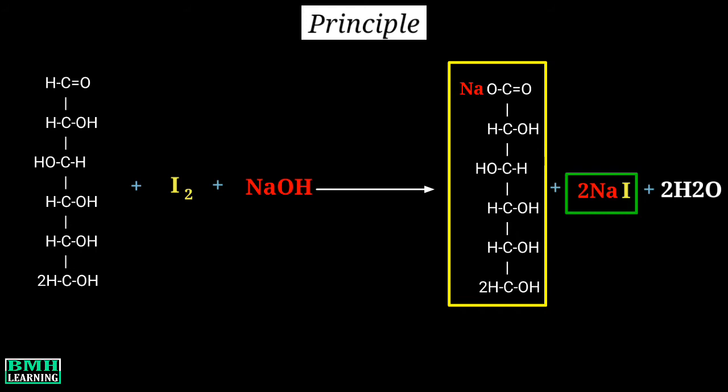And the remaining unreacted iodine is titrated against standard sodium thiosulfate solution in the presence of starch, which acts as an indicator. This reaction is quantitative in basic environment because the carboxylic group is acidic in nature and hence forms salts with bases.